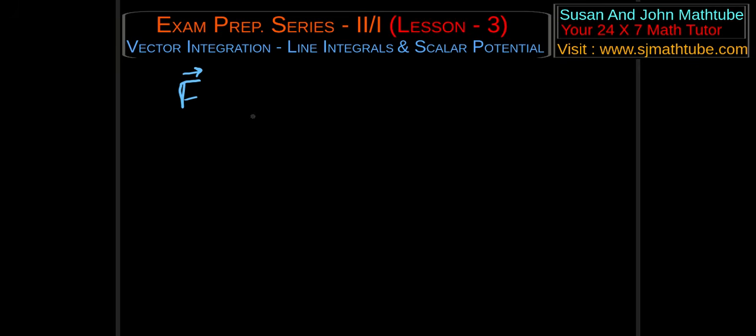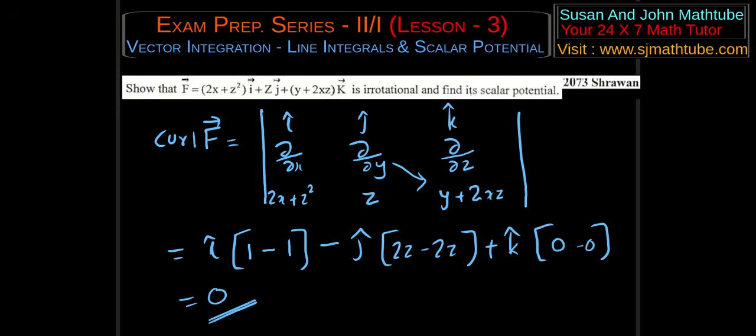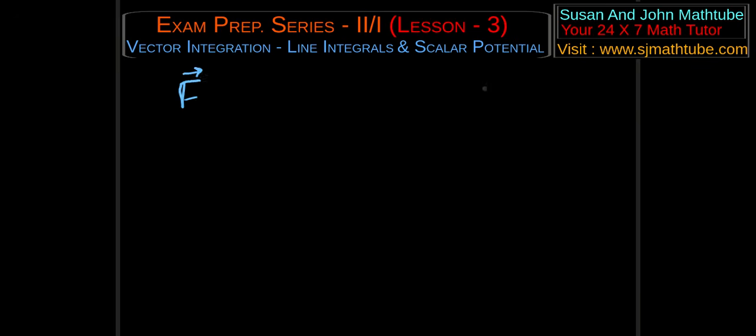So we write, so look at the next question. Find its scalar potential. Unlike the previous question, they have not explained what to do. So finding the scalar potential means you have to find a scalar function phi. So we start like, let phi be the scalar potential. Therefore, f is equal to del phi or grad phi.